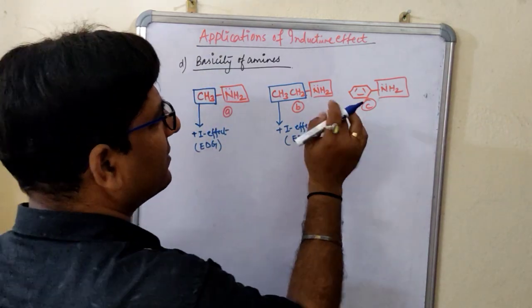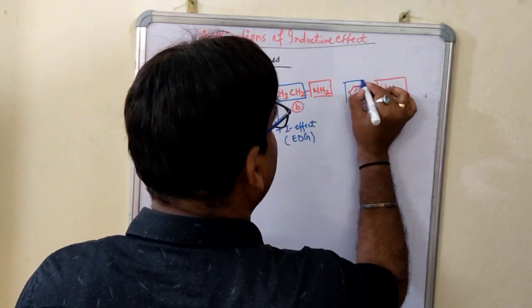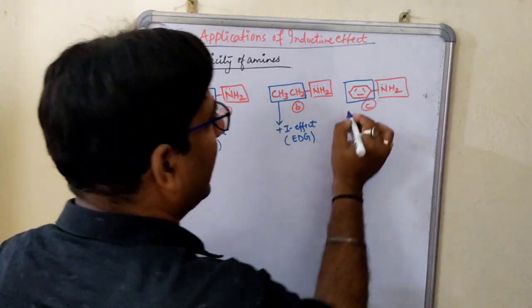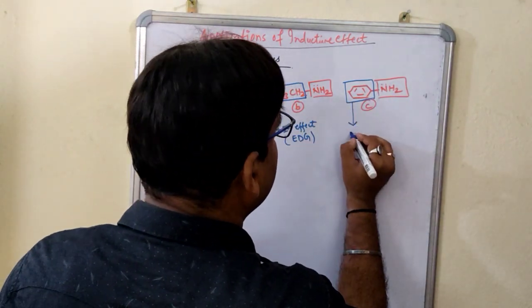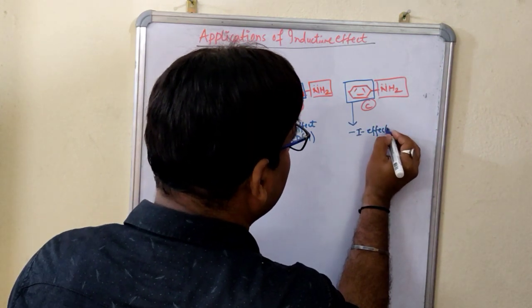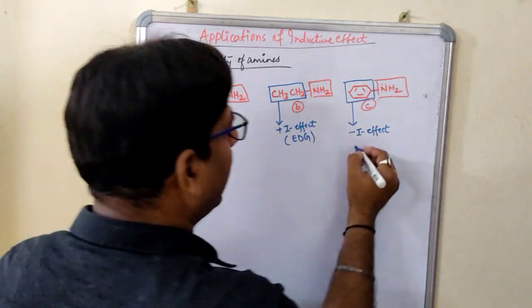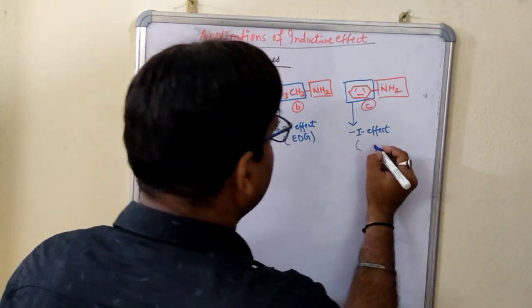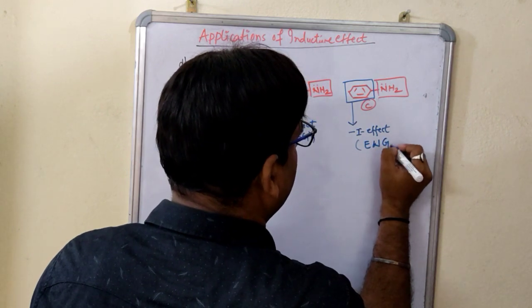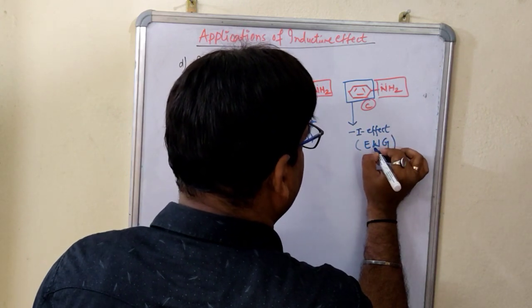Now in the case of C, we have the phenyl ring, and this phenyl ring gives the minus I effect. If I say minus I, what kind of group will it be? Electron withdrawing group.